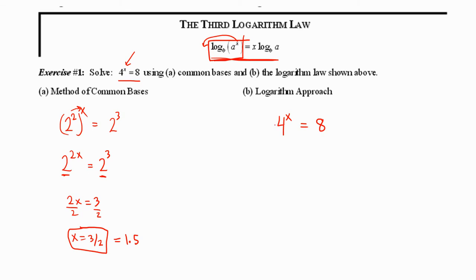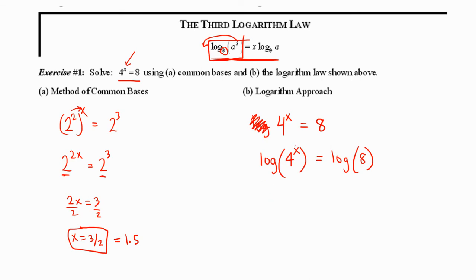So if we take the log of both sides, I put the 4 to the x inside a log, and I just have to take the log of the other side. I haven't broken any rules of equality. Whatever you do to one side, you do to the other. I'm just going to use the common log with base 10, because that's what my calculator uses.